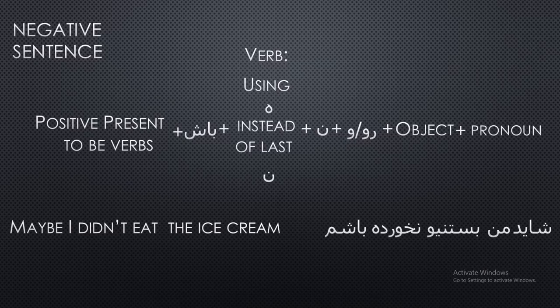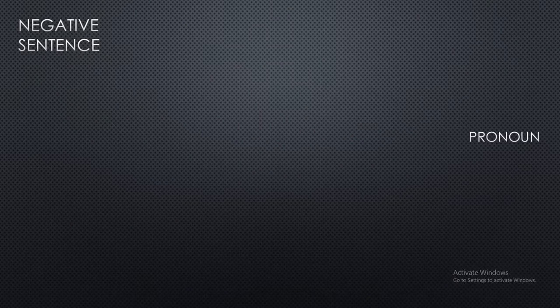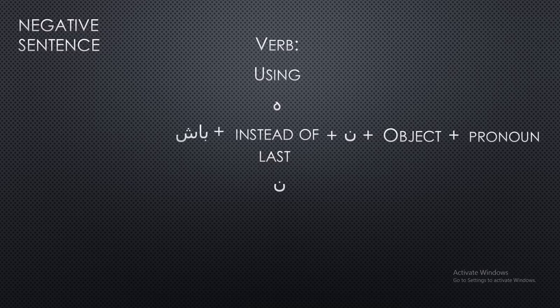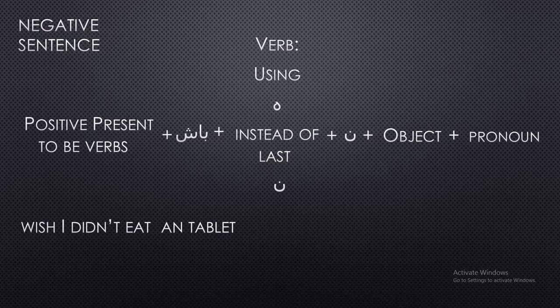And if we want to talk about an object in general, we use the same way, just not using ro or ve after our object. For example, if we want to say wish I didn't eat a tablet, we use the word that shows our wishing before our sentence.